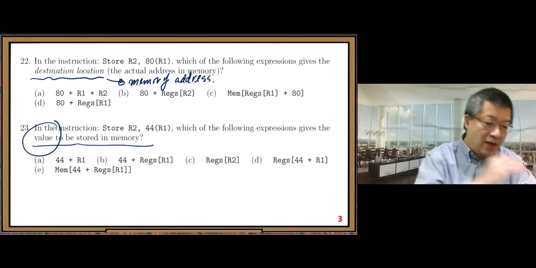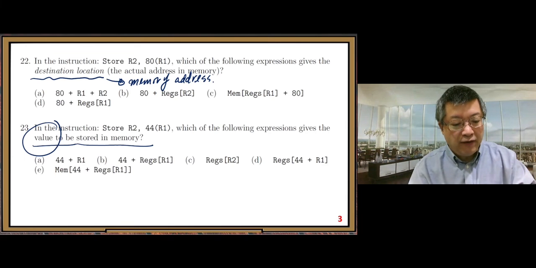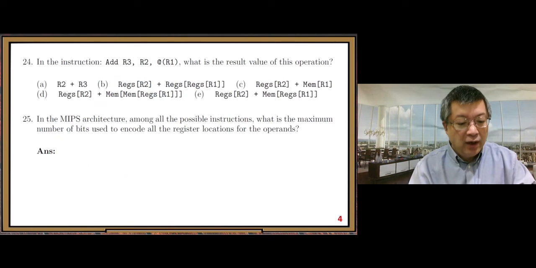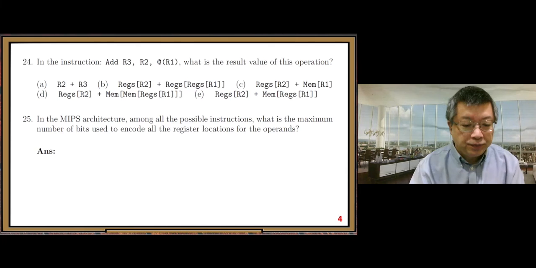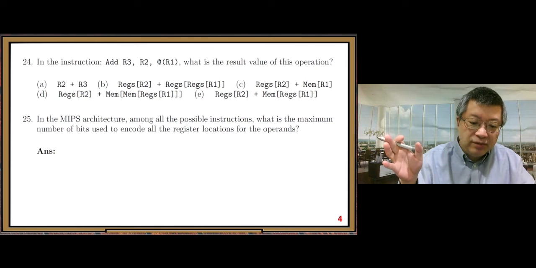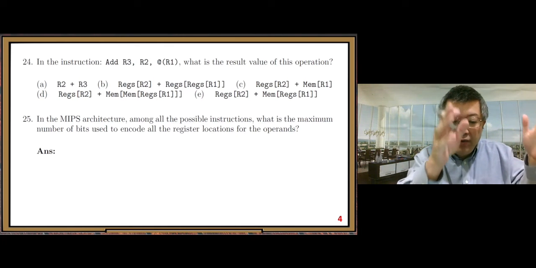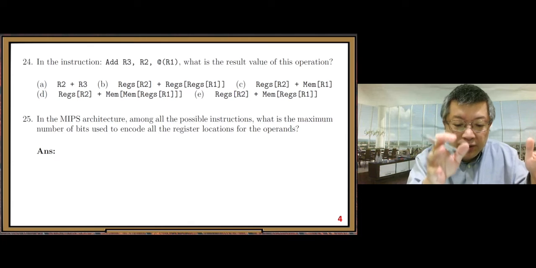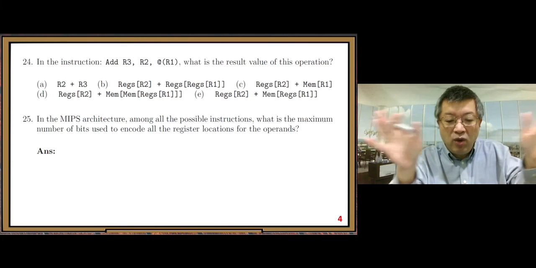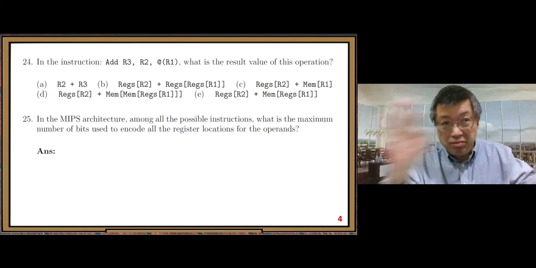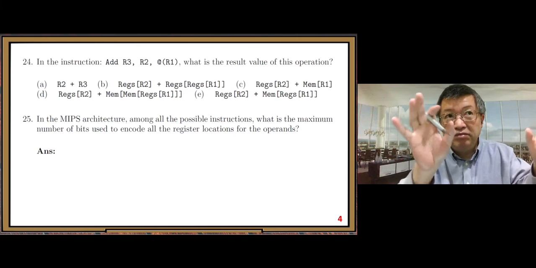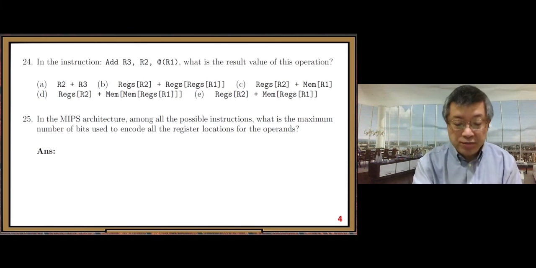All right, so the last slide of this video part 3, question number 24. In the instruction, add R3, comma R2, comma 0 parenthesis R1. Here, I do not mention MIPS architecture, so we do not require it to be a MIPS architecture.